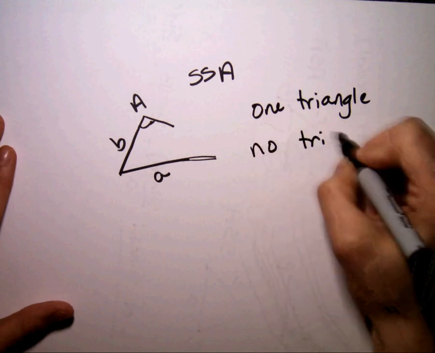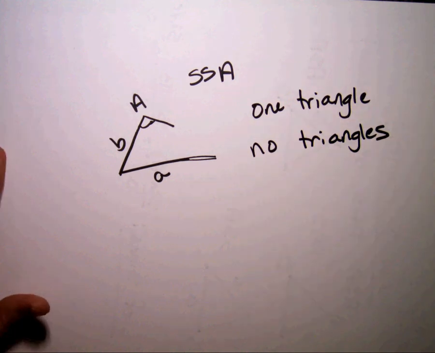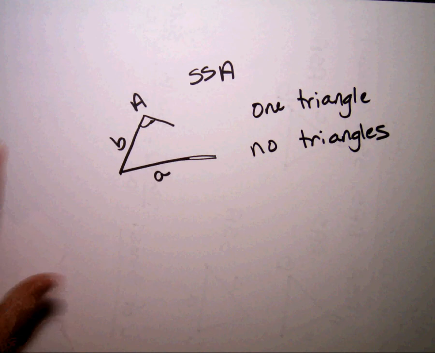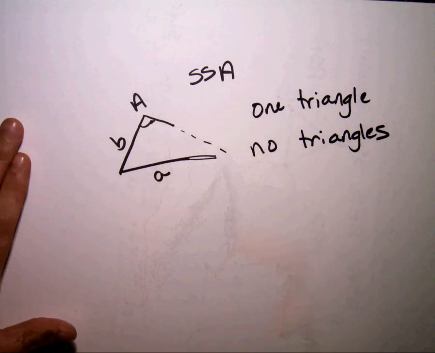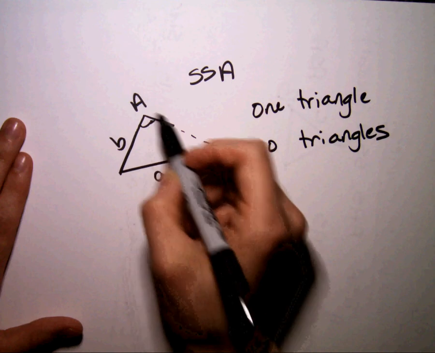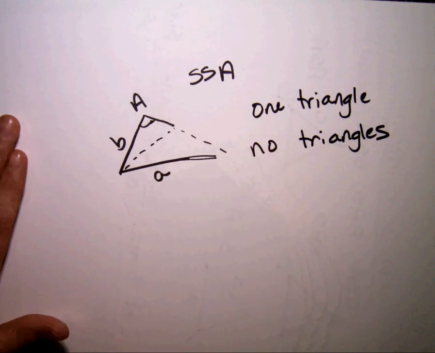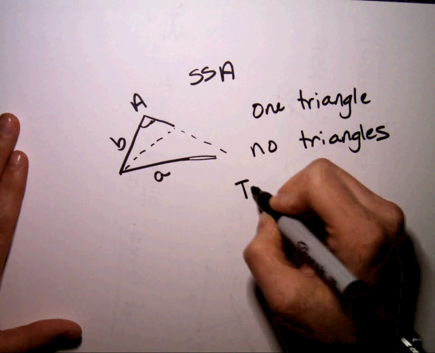But it could also be the case where the side lengths and the angles line up so that it either swings out and makes a triangle, or it swings in a weird little fashion and makes a second triangle. So we could possibly have two different triangles with the same information.